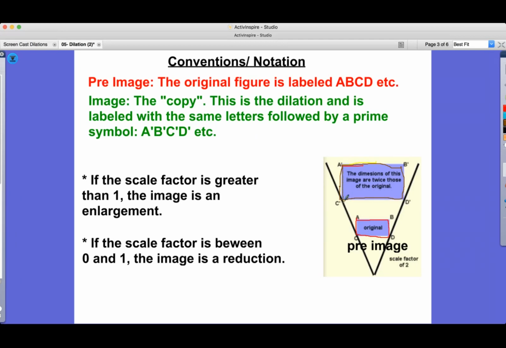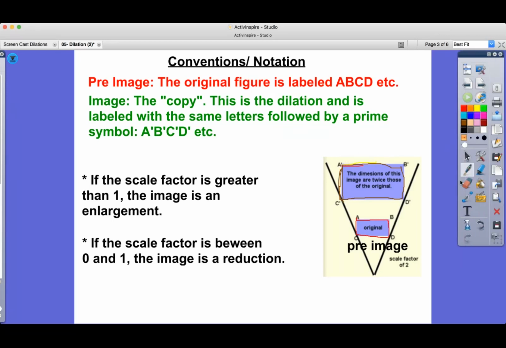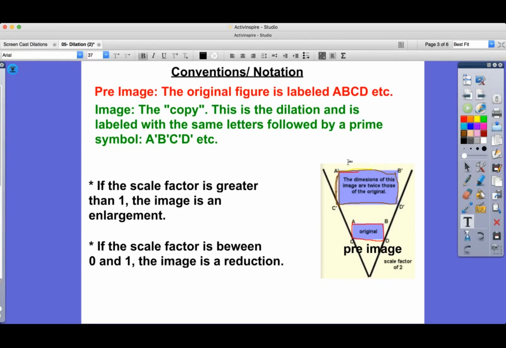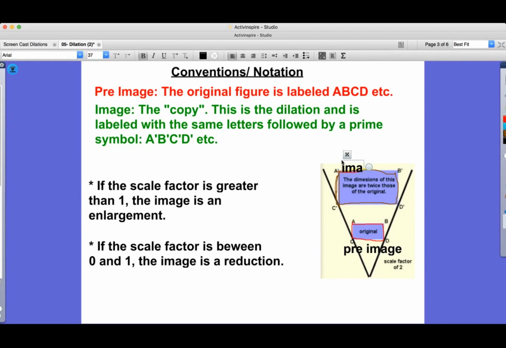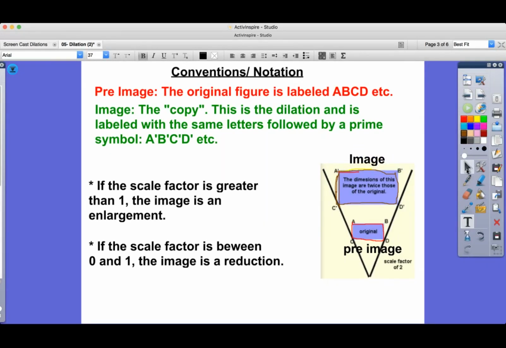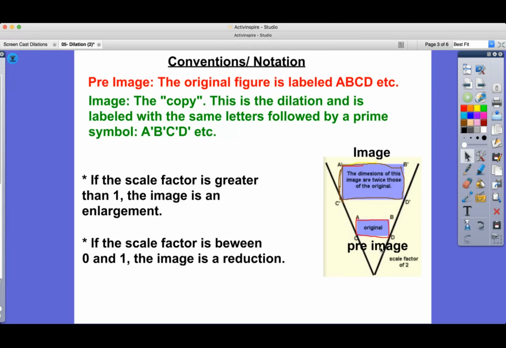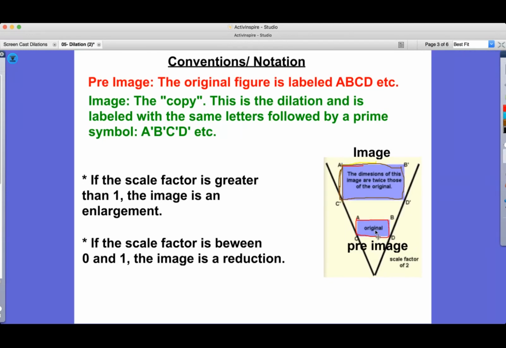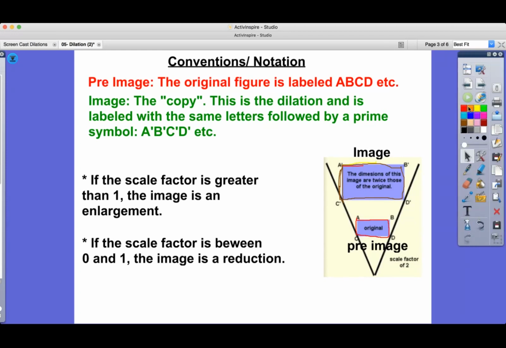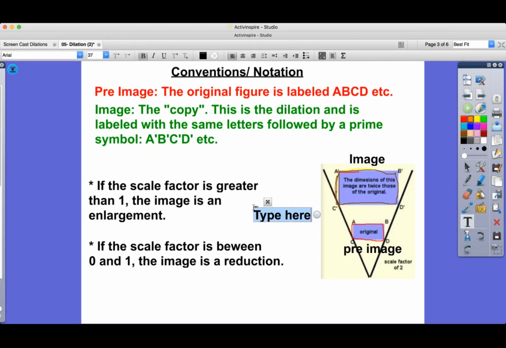Sorry, the image. That's our copy. So this is going to be the image. And without doing any math, we can use our common sense and notice that this figure is getting larger. So here we have an enlargement. So this is going to be an enlargement.